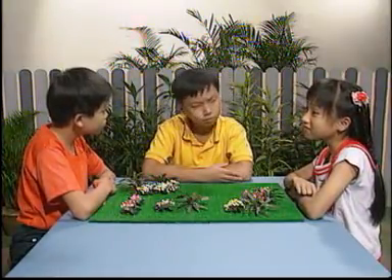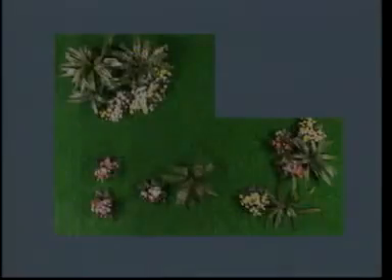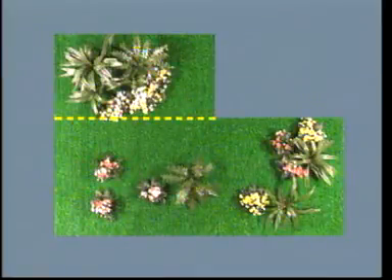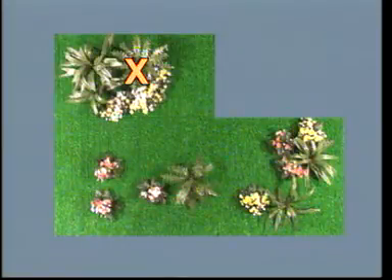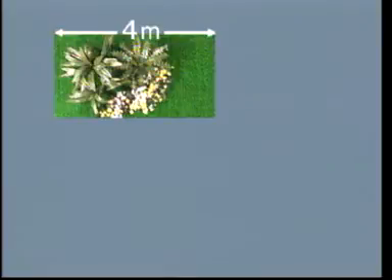I think there's another way to find out the area of the remaining garden. Can you think of another way to find out the area? Let's divide the remaining garden into 2 rectangles, X and Y. The area of rectangle X is 4 meters multiplied by 2 meters.